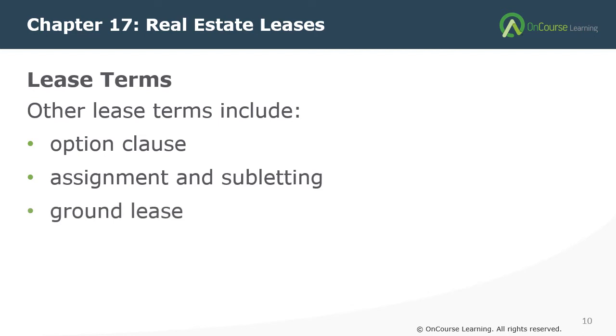A ground lease is a long-term lease of a site, only the site. In terms of length, we're talking about maybe 25 to 99 years in length. The tenant is responsible for erecting an improvement on that ground, on that site.